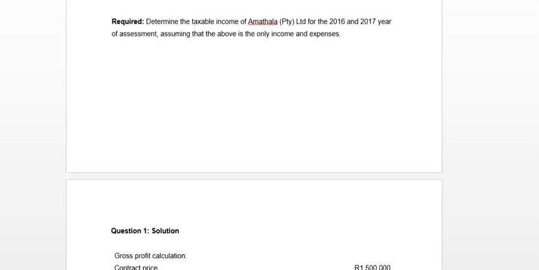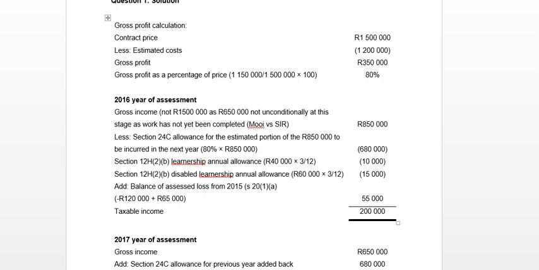Okay, so let's just break down this section. So this section relates to your future expenditure. So section 24C, future expenditure on contracts. There has to be a contract in place. What it says is you need to first calculate the gross profit percentage. The gross profit calculation is your contract price, which is 1.5 million Rand, less your estimated cost of 1.2 million Rand.